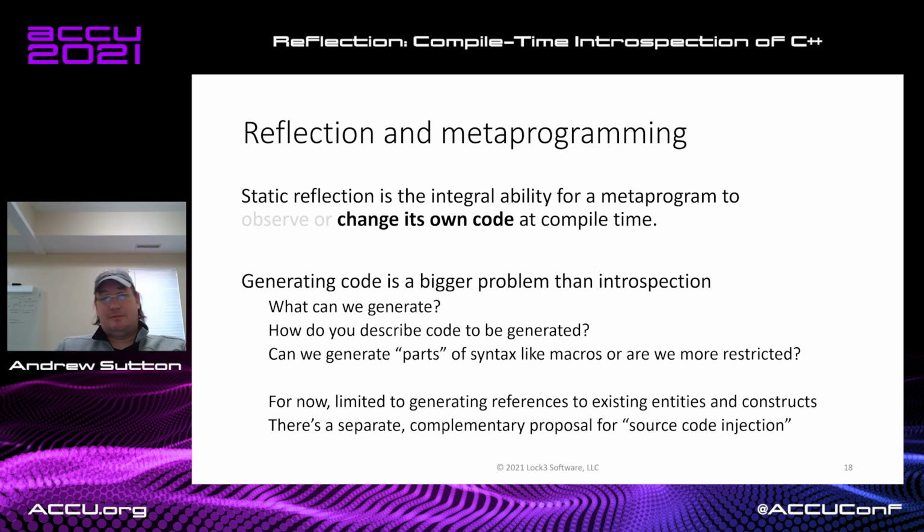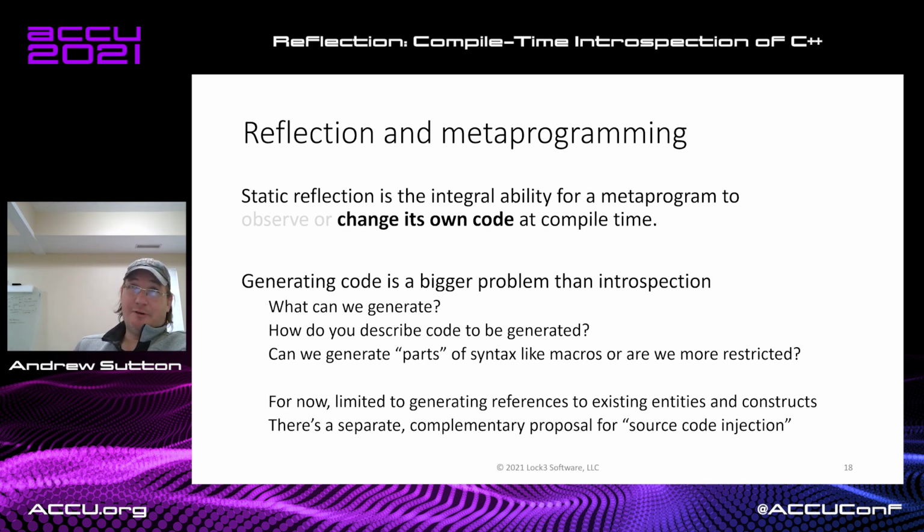Okay, so even though generating code is kind of par for the course, like we write template metaprograms all the time, even without necessarily knowing it, there's actually a really big set of problems here, right? Like, what kind of code can we generate? Can we generate classes? Can we generate functions?